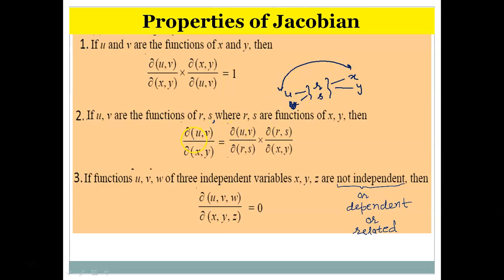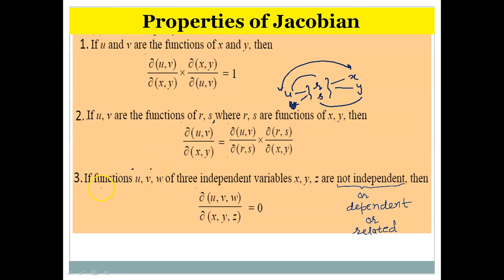So that is why here we are finding ∂(u,v)/∂(x,y), that will be equal to the Jacobian of u, v with respect to r, s, times the Jacobian of the transformation from r, s to the variables x, y. So that is how you can find the Jacobian of this type of transformation.